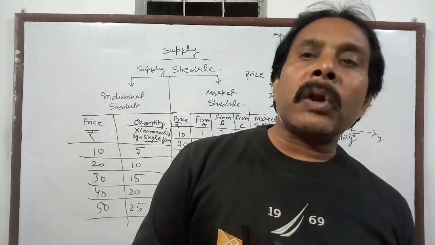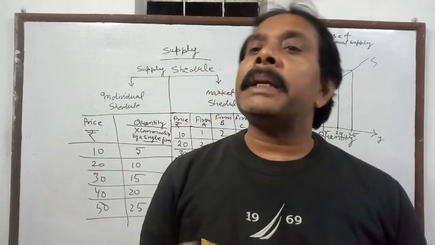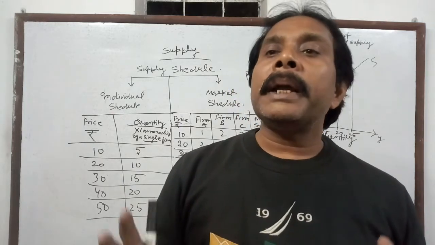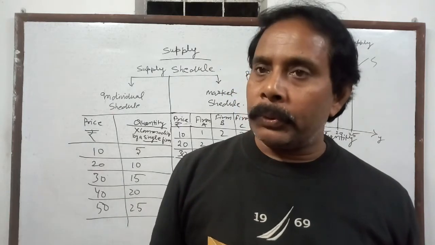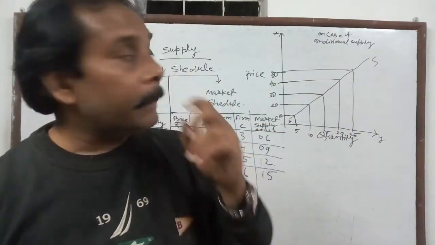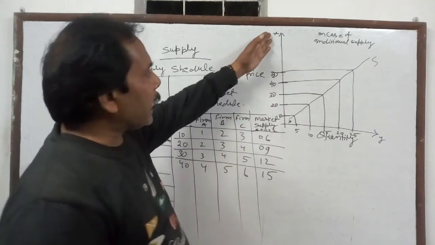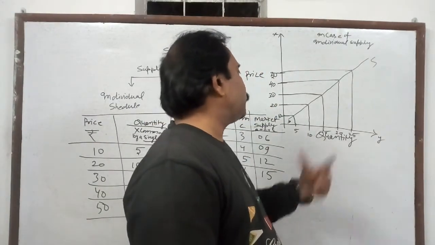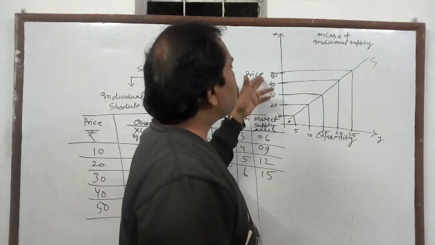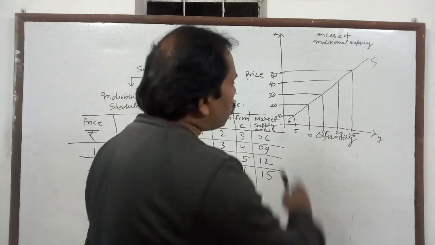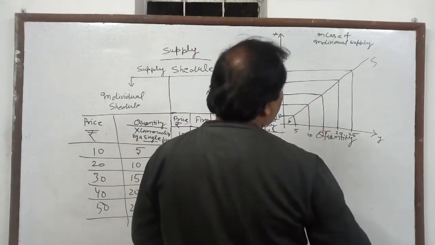Your answer will be, it refers to a graphical representation of the individual supply schedule. And you can easily explain that on the x-axis the price is taken, on the y-axis the quantity is taken. As the price is increasing, the quantity supplied is also increasing. That's why the supply curve is moving upwards.